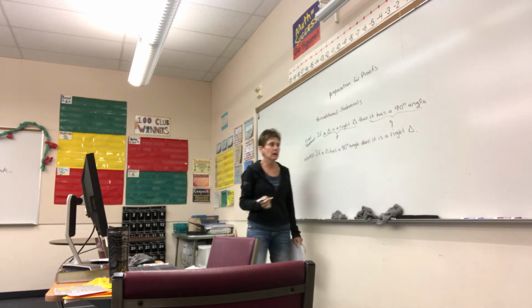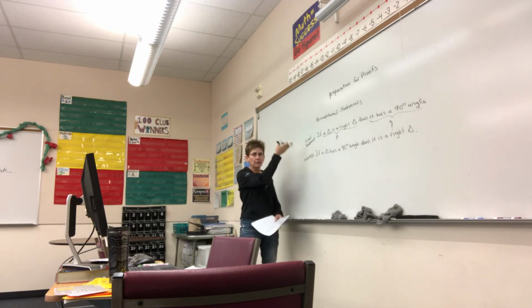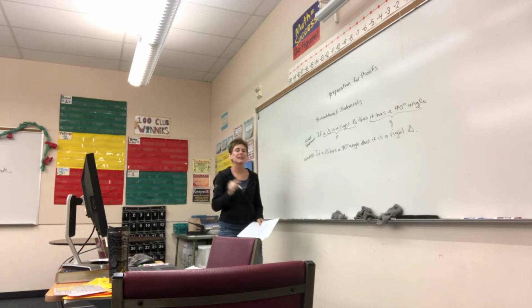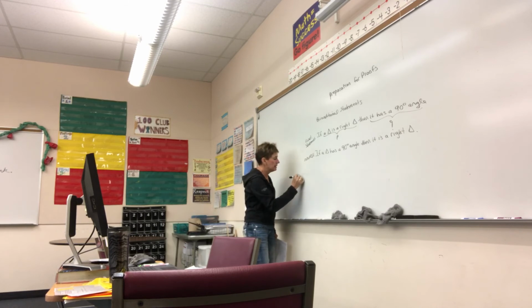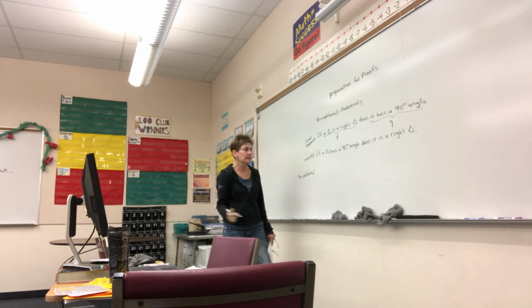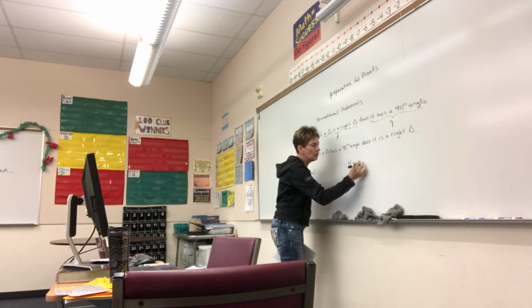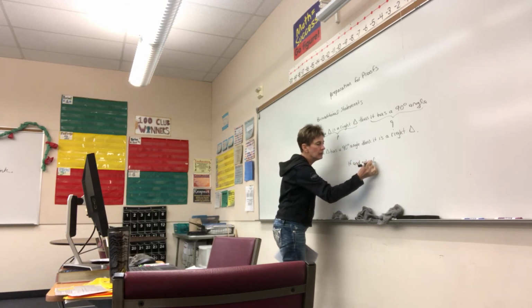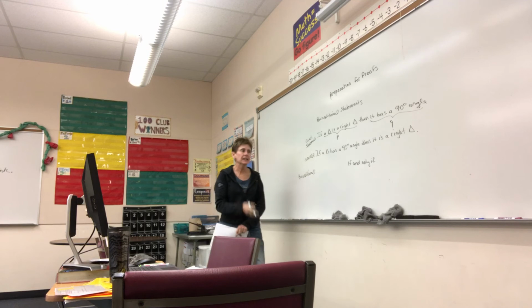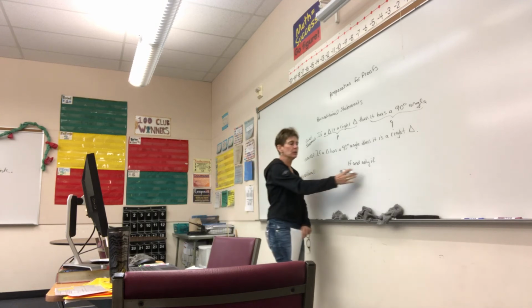So that would be the converse. This is something we've already learned, but let's write this in biconditional statement form. So let's write biconditional. With a biconditional, we don't have an if-then. Instead, in the middle, we have if and only if. So instead of having an if first and then a then next, we have an if and only if in the middle.